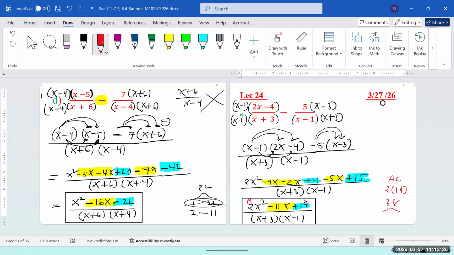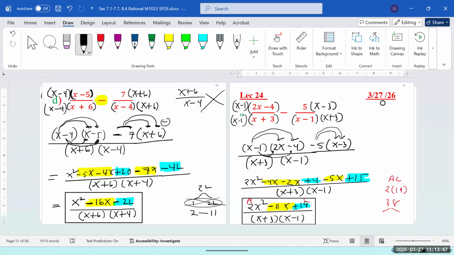Can you think of two numbers multiplied to 38 and combined to 11? We have 1 and 38, first factor. Do you get 11 from the combination? 38 plus 1 is 39. 38 minus 1 is 37. We don't get it. So we are not going to work with 1 and 38.